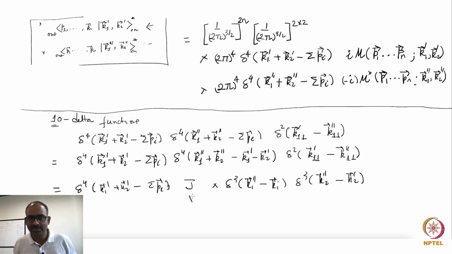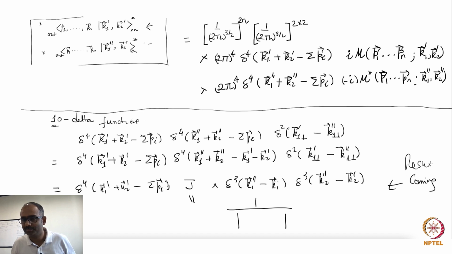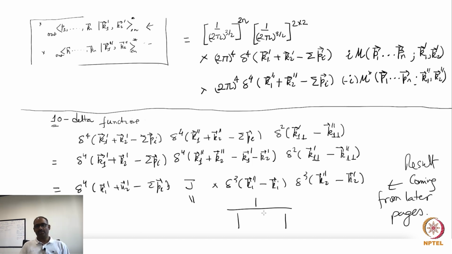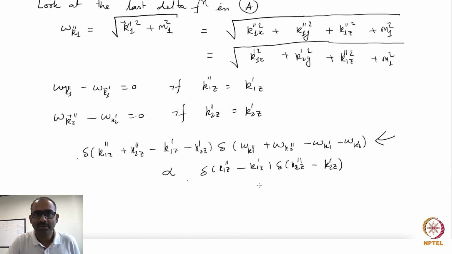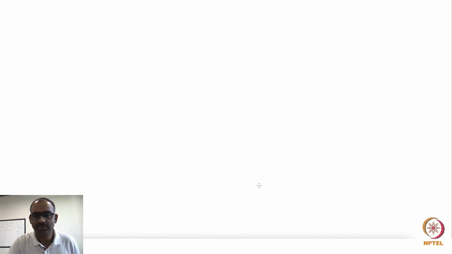Okay, and this J is what? This J is 1 over this modulus thing coming from next pages. Okay, so this is what we have done now, and now I can do these integrals very easily. So I will do that now.